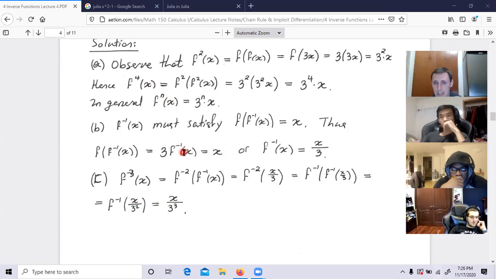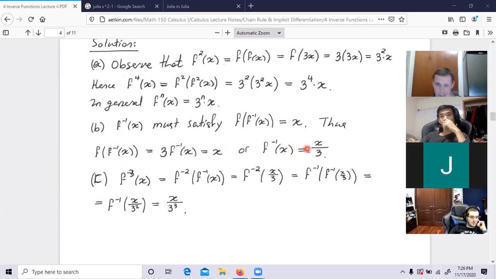That means that this anything equals x over 3. So the inverse is x over 3. You understood how I solved it? I plug something into f that's supposed to cancel them, right? So f applied to anything is just multiplication by 3, so f inverse is x over 3.